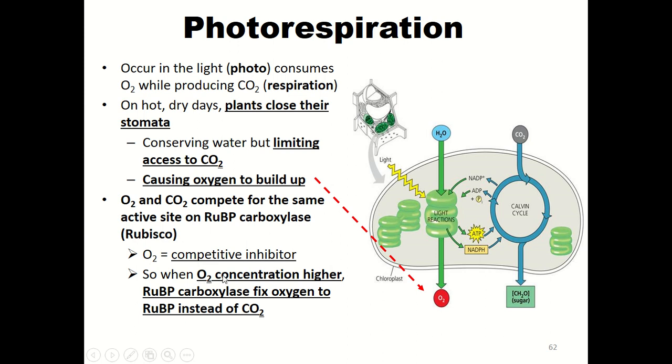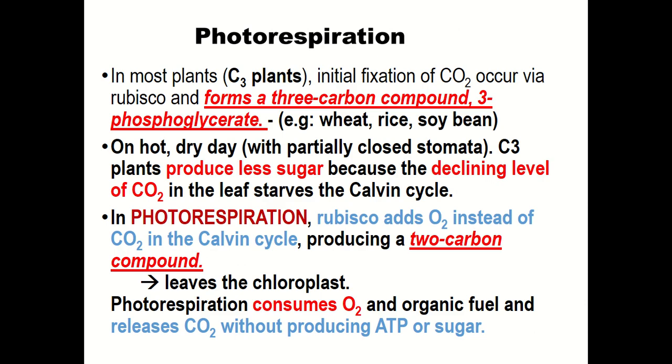So when the oxygen concentration is higher compared to carbon dioxide inside the stroma, ribulose bisphosphate or RuBP will fix the oxygen instead of carbon dioxide, and photorespiration will occur.